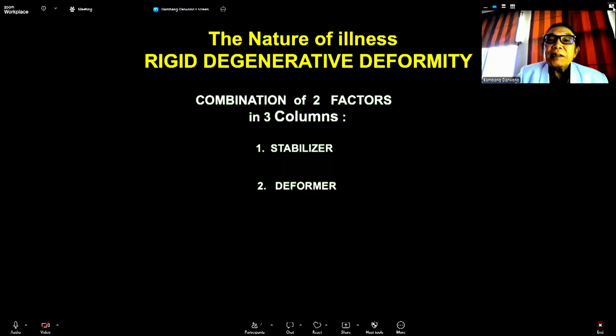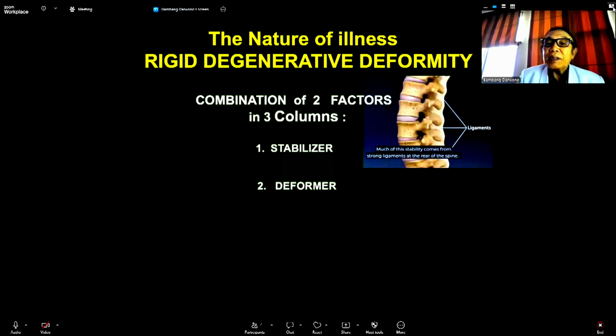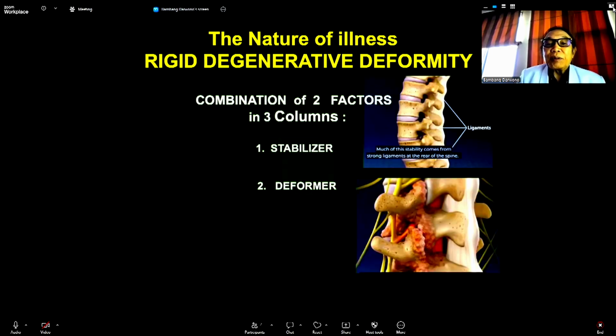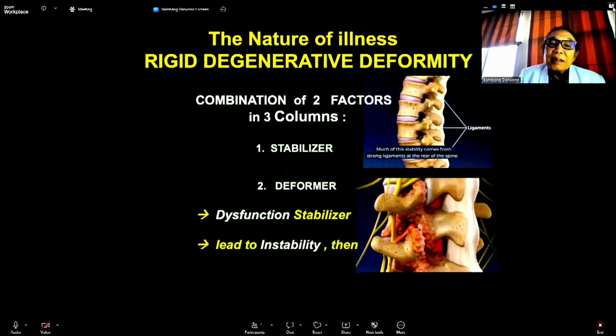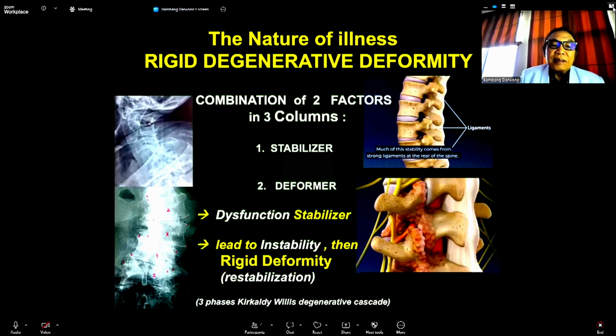So the nature of rigid degenerative deformity is a combination of two factors in three columns, the stabilizer and deformer. The deformer then causes dysfunction of the stabilizer and leads to instability, then ending with restabilization in rigid deformity. This is the three-phase Kirkaldy degenerative cascade theory.